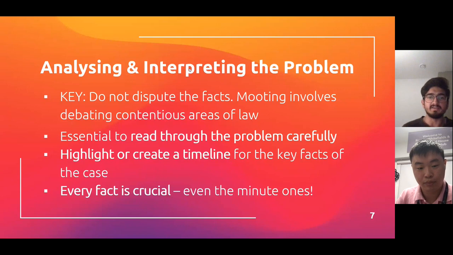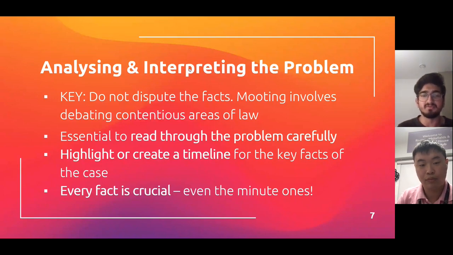So looking at analysing and interpreting the problem, the key thing, as I said before, is don't dispute the facts. Mooting, unlike, say, mock trial, involves debating contentious areas of the law. So make sure to read through the problem carefully. As I said before, creating or highlighting a timeline of the key facts is really helpful.